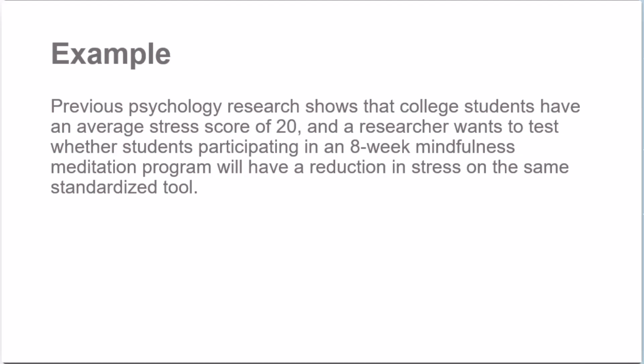So we want to look at the students who participate in this program, that is our population, and what is their stress level compared to general college students. So the claim here would be something about the mean stress score of the students who have completed this program, and the claim would be that this stress level is less than 20.